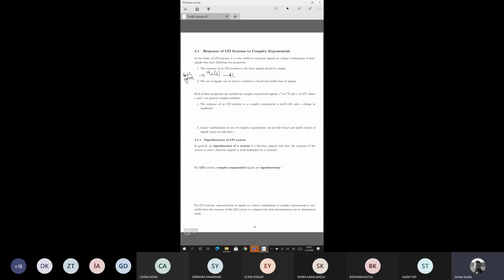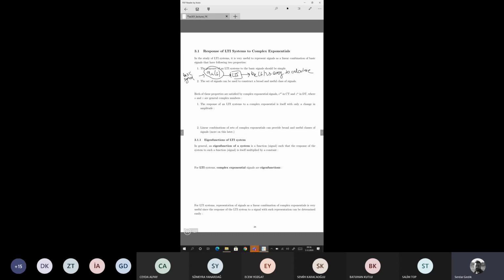If this is input to some LTI system, and at the output we have b_k(t), we want this to be an easy to calculate signal. So I will find some a_k, which is a basic signal, and when this a_k is input to an LTI system, I will have b_k, and this b_k is a fairly easy signal to calculate. I will try to find such an a_k, by the way.